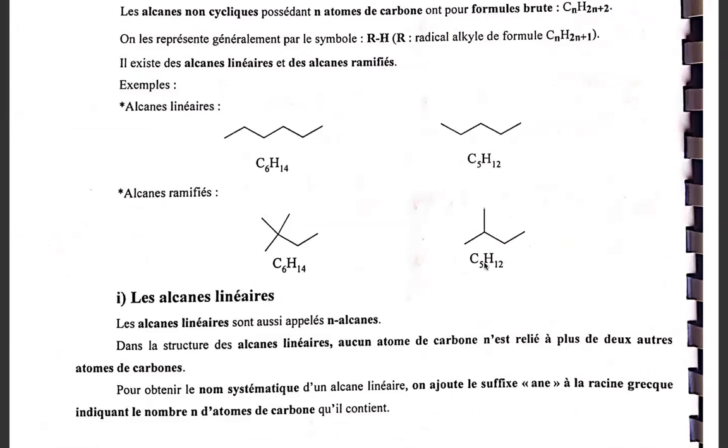Then I added on to say, okay, let's name this compound using the IUPAC nomenclature with these 3 rules. The first one is looking at the chaîne principale. The second one is looking at the alkyl group.